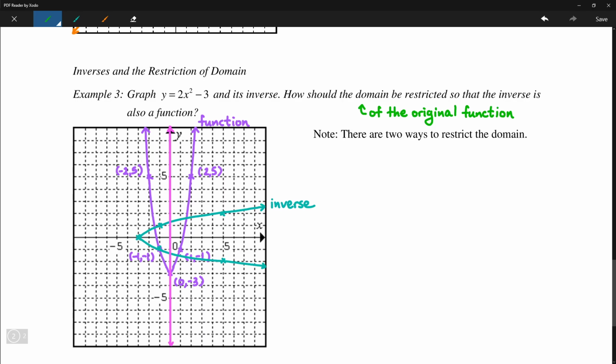It's very important to note that technicality. There are 2 ways to restrict the domain. Well, there are 2 main ways. There are more, but the 2 that are the most intuitive are the ones that we're going to examine. So before we continue, let's also look at the algebraic part of all this.